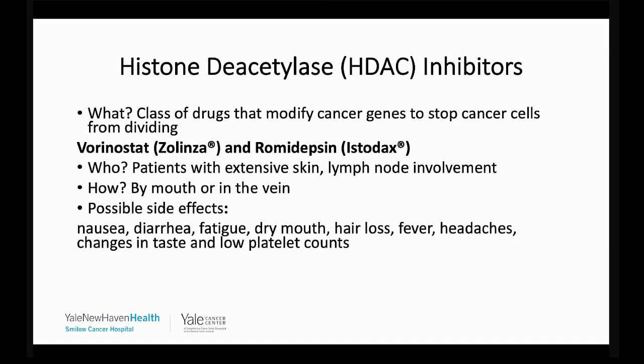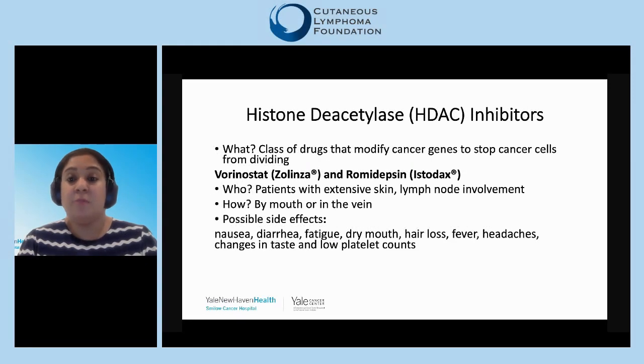We use it for patients who have extensive skin disease, and also patients with lymph node involvement can respond well to this type of treatment. And possible side effects are nausea, diarrhea, fatigue, dry mouth, hair loss, fever, headaches, changes in taste, and low platelet counts.